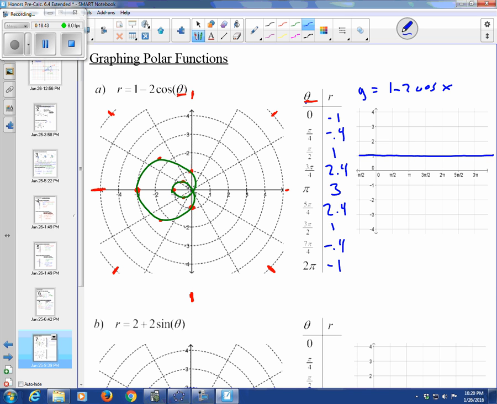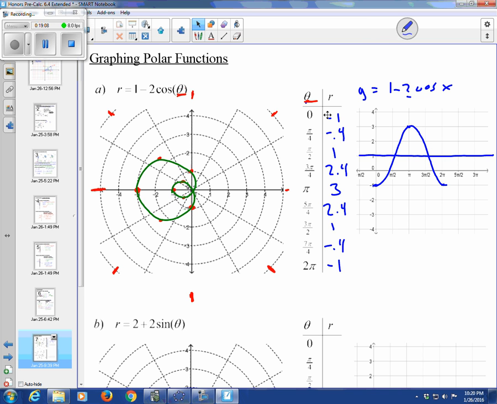It's a negative cosine, so it's going to start at its min, and we can say that the amplitude is 2, so I'm going down 2 units, and then halfway through my period, I would be up at my max, and then right here, I'd end my period down at my min, and I'd look something like this.